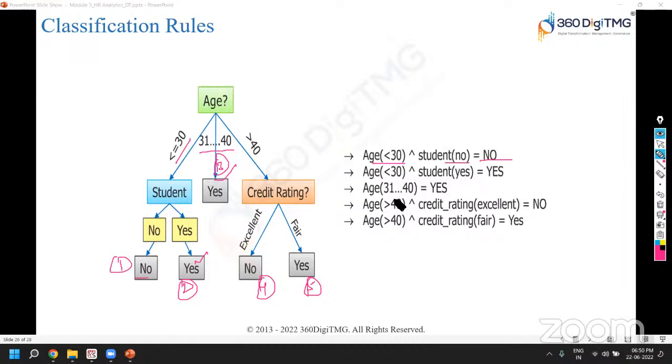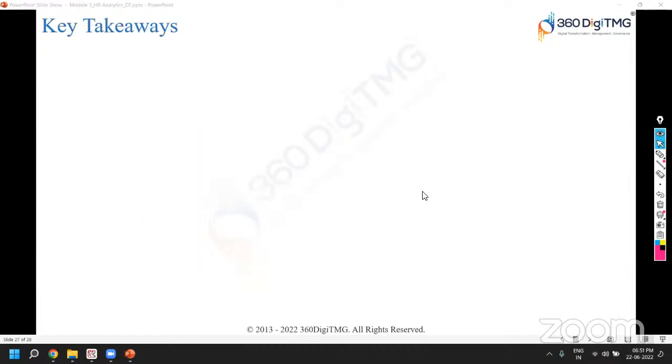If the age group is between 31 to 40, then for sure that employee is going to resign. And if the age is greater than 40, then what are the financial commitments? You can say very high or average. Then based on that, you're going to take a decision on whether to move the organization or not. So these are the kind of rules that we can generate with respect to the decision tree.